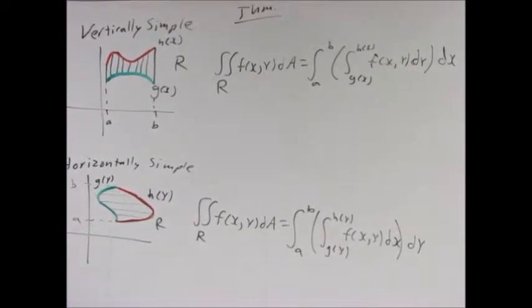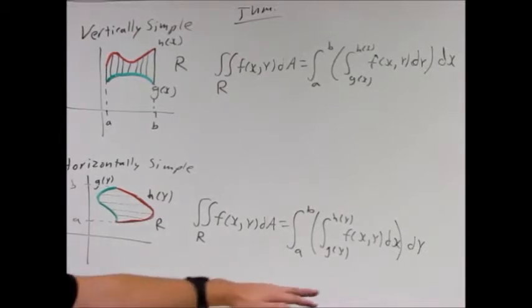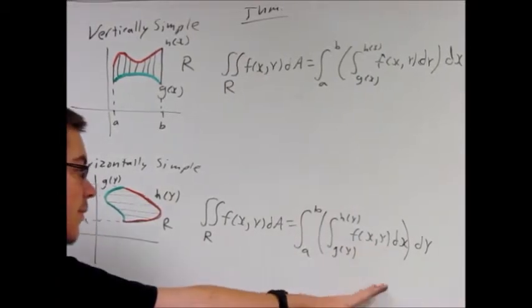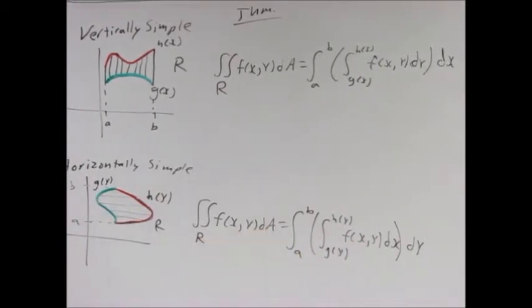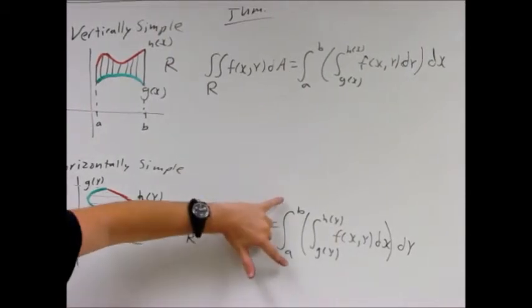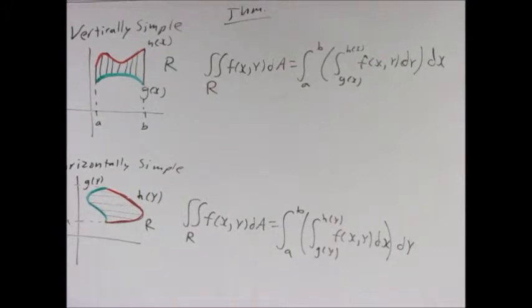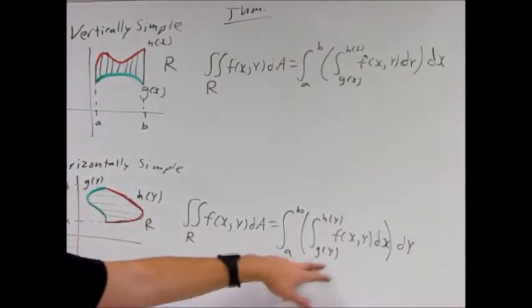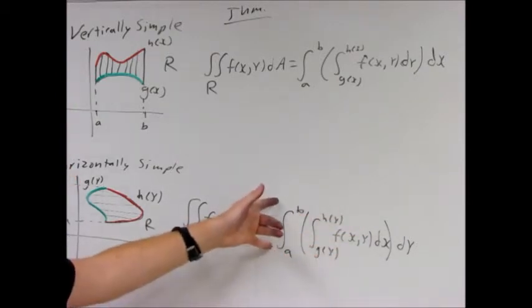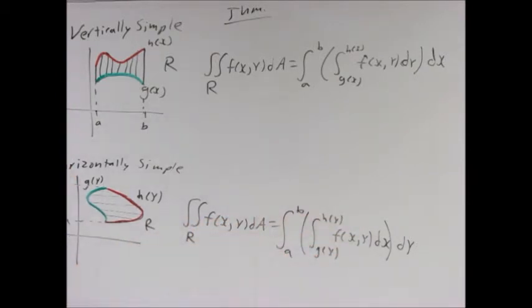One thing to notice is that when you're taking multiple integrals, they have integrals on the inside of other integrals. The outside will always be numbers, a and b in this case. You'll have functions inside, but you can't have functions outside. If you do, then you know you did something wrong.